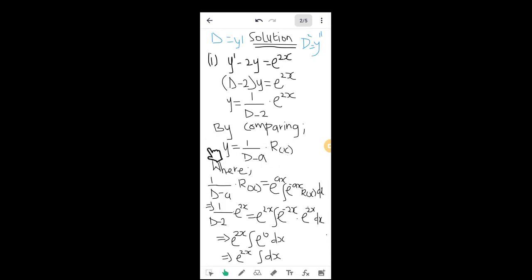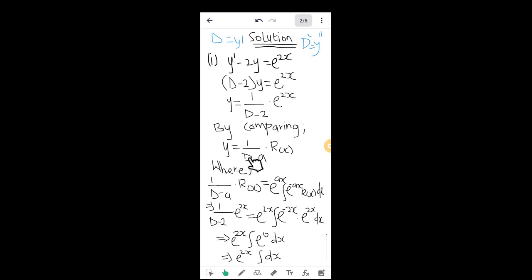So you just have to notice that anytime they give you a differential equation and they ask you to use the D operator method, we just compare it to this general form. That's 1 over D minus a, where a is the constant, operating on r of x. So upon comparing to the equation here, my r of x is e exponent 2x.